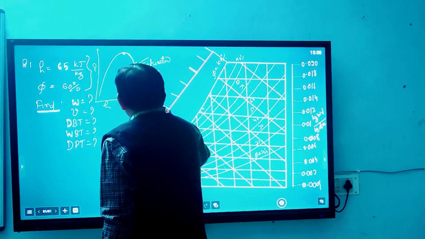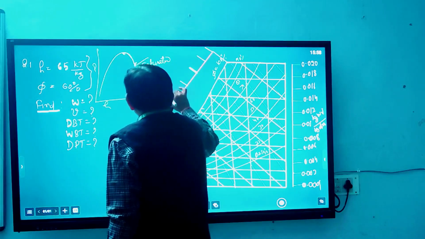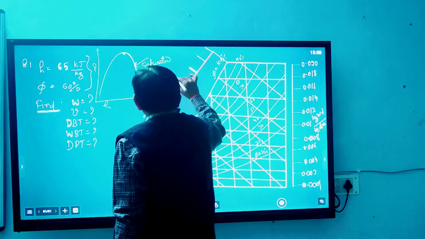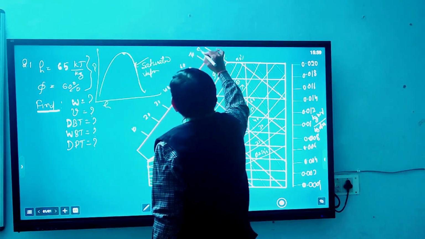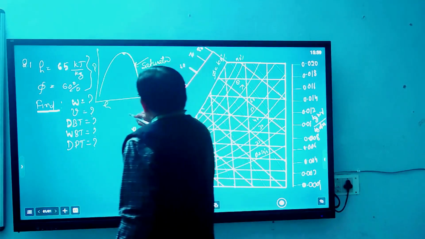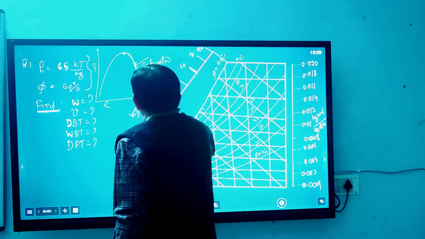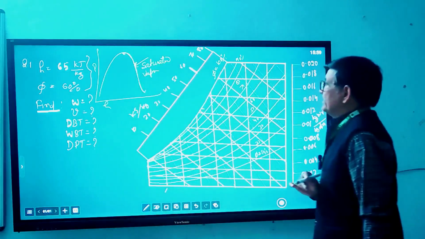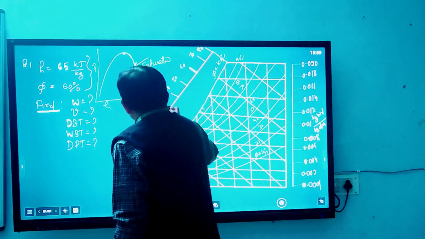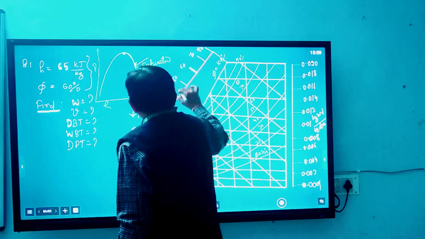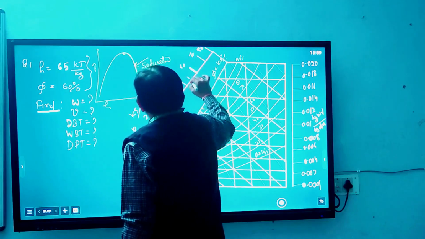10, 20, 30, 40, 50, 60, 70, 80. The value is kilojoule per kg. And we can mark smaller points also between these two values, so that you can easily get required values.